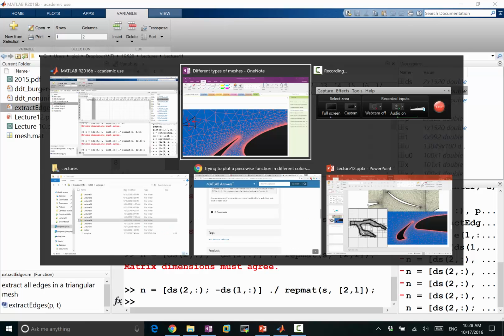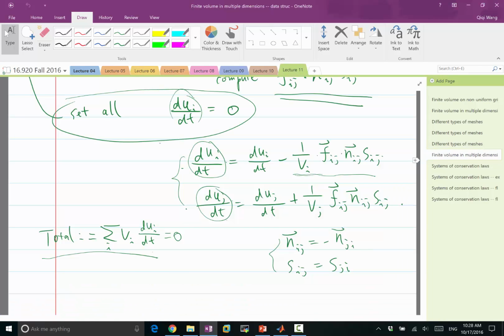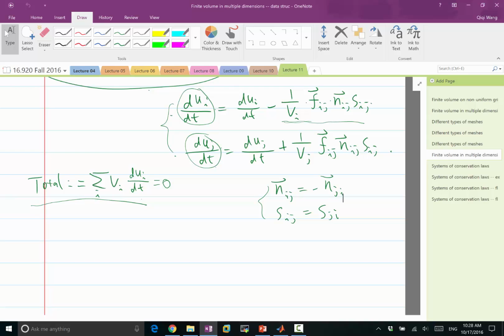All right. Now we are talking about how to apply finite volume in multiple dimensions on complex geometry. You need to generate a mesh, and there are plenty of mesh generators out there.